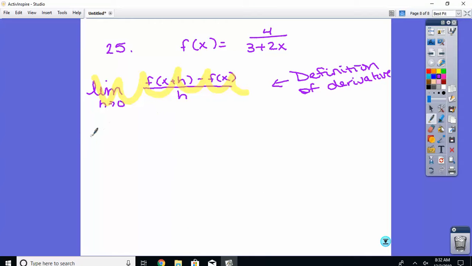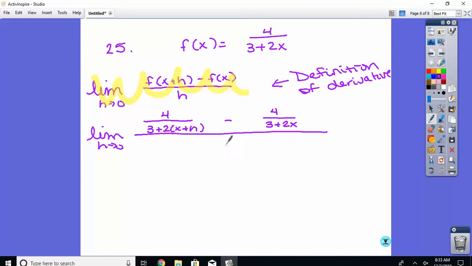So we've got the limit as h approaches 0, f of x plus h says go to your function, plug in an x plus h for your x, minus f of x, all over h.